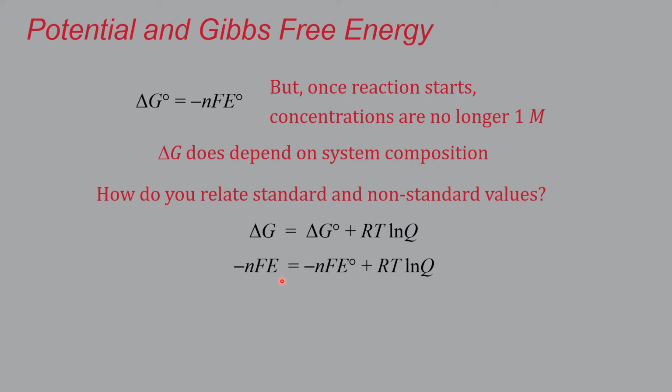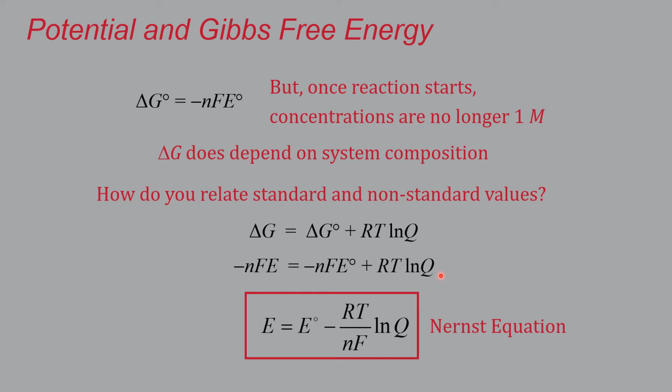So the quantity negative nFE, where E is the cell potential under non-standard conditions, is equal to negative nFE standard plus RT ln Q. Expressed thusly, this is just a rearrangement of the product n times F: the non-standard cell potential equals the standard cell potential minus RT over nF times the natural log of Q. And let's not forget that F is the Faraday constant, which is the charge of a mole of electrons, and n is the number of moles of electrons transferred in the process.